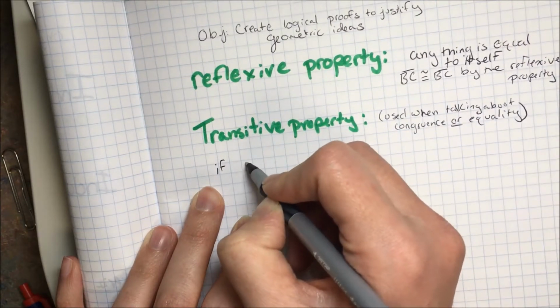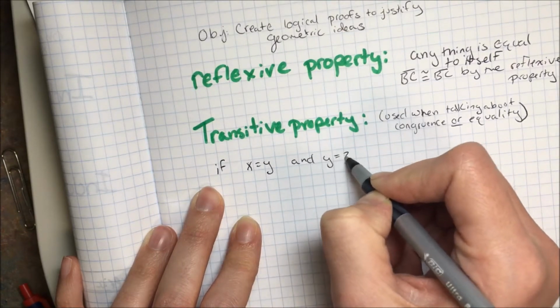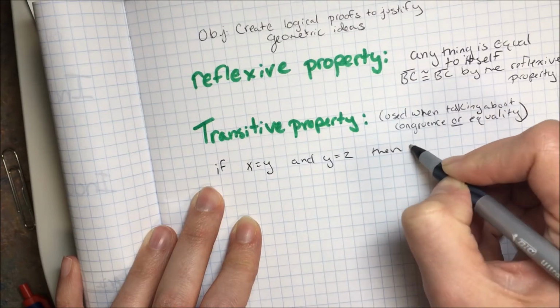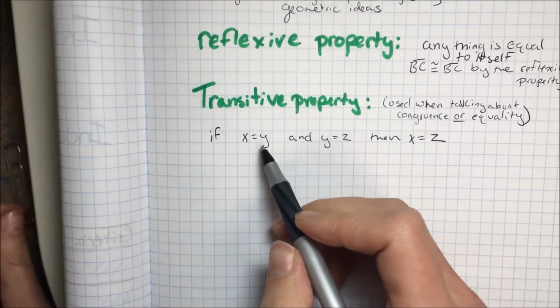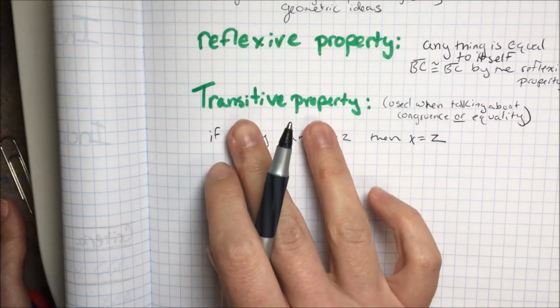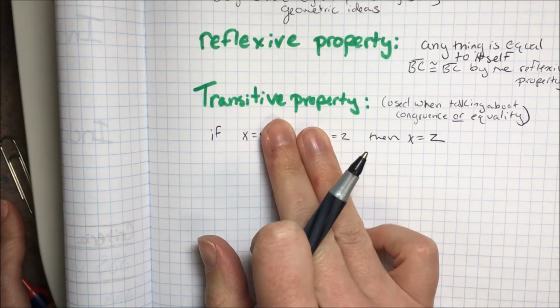So if x is equal to y and y is equal to z, then x equals z. This is also known as the chain rule because the y's kind of chain up here, and since they're both equal to y, they're equal to each other.